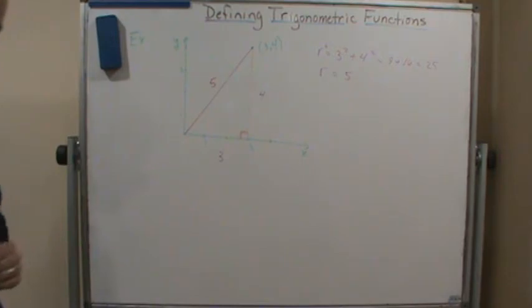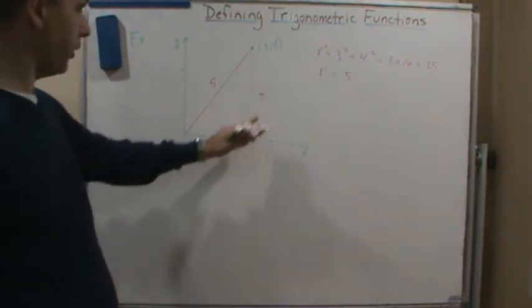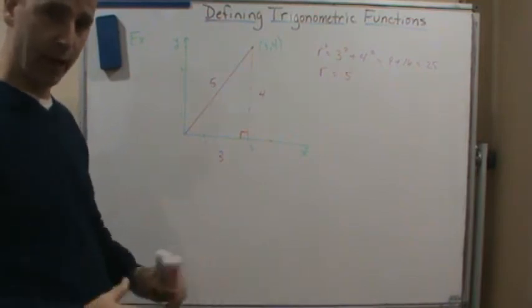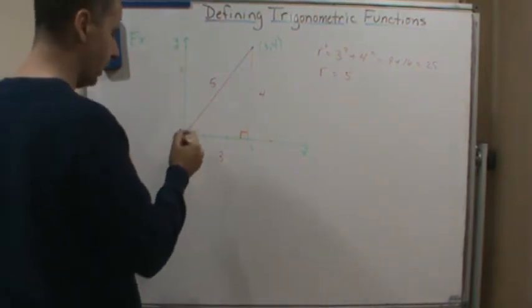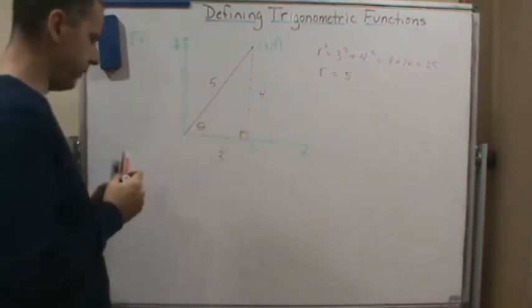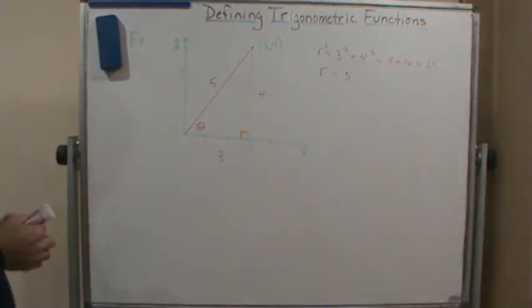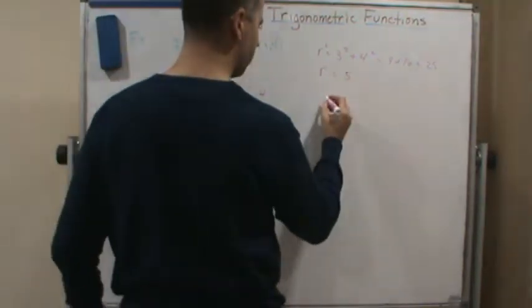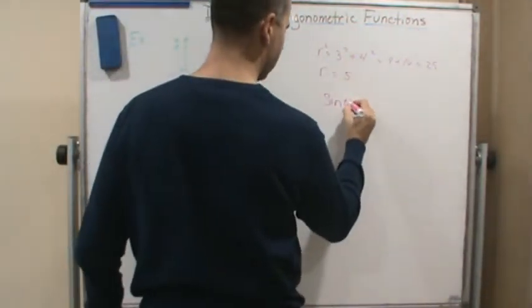So we have a 3, 4, 5 right triangle. And now we've got all the pieces we need to evaluate all of the trigonometric functions. So there's our theta, right? There's our reference angle. And so now all we have to do is remember what the different functions are.